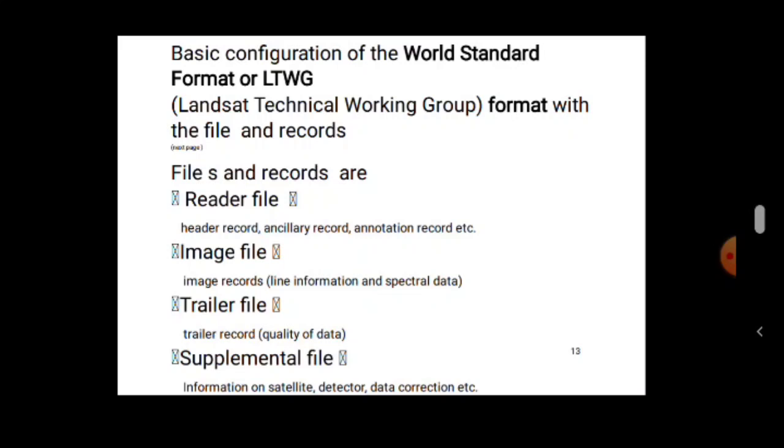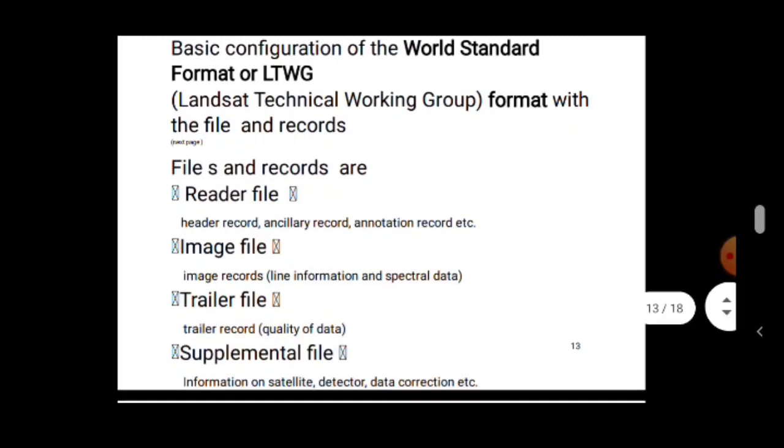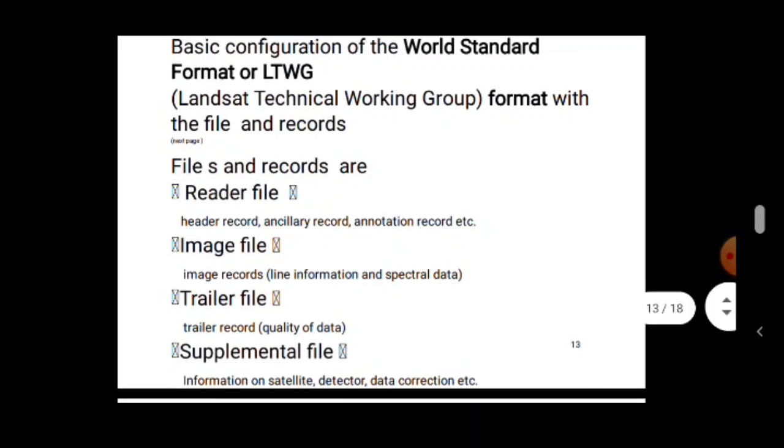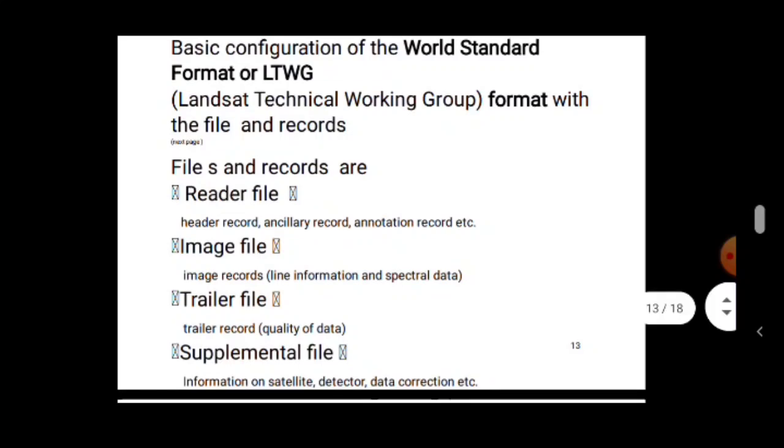Quality of data will be represented in the trailer record, and information about the satellite detector and data correction will be included in the supplemental file. So let's look at an example.